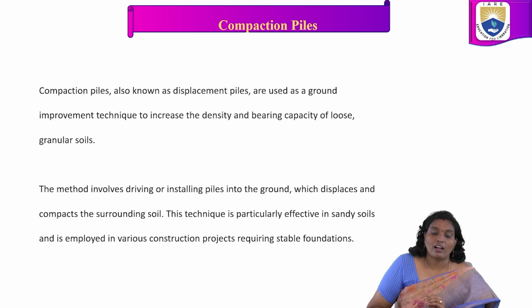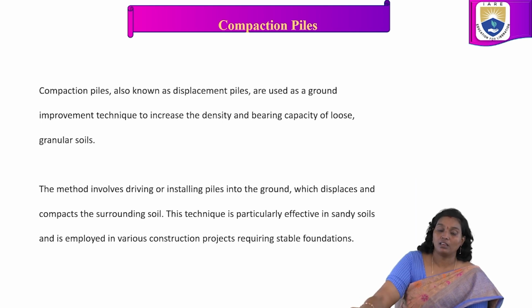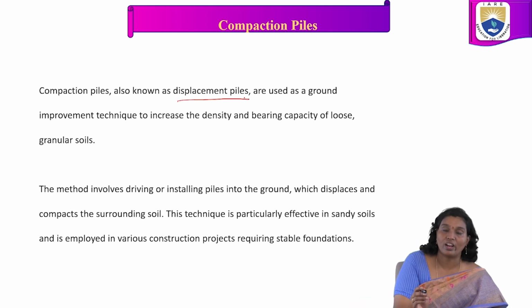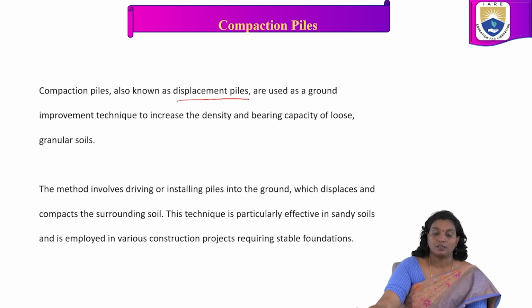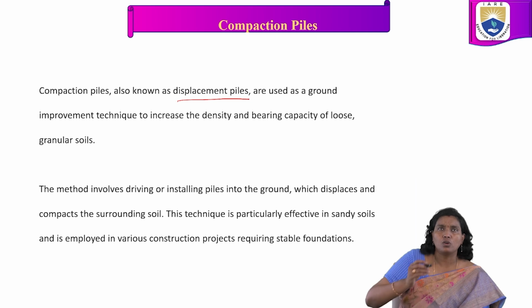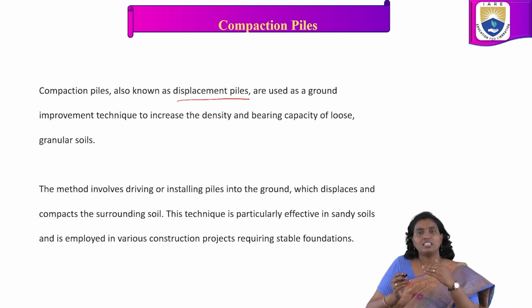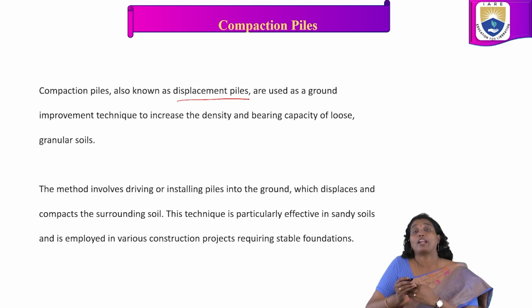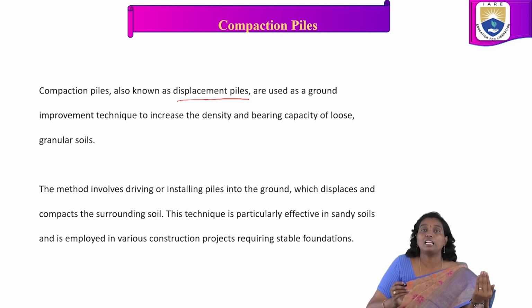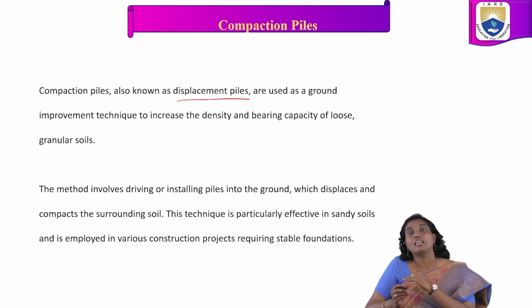First thing, compaction piles, also known as displacement piles, are used as a ground improvement technique to increase the density. In ground improvement, the techniques required are based on various parameters. All parameters may not improve with a single kind of technique, and it depends upon which type of property is required to enhance or replace.